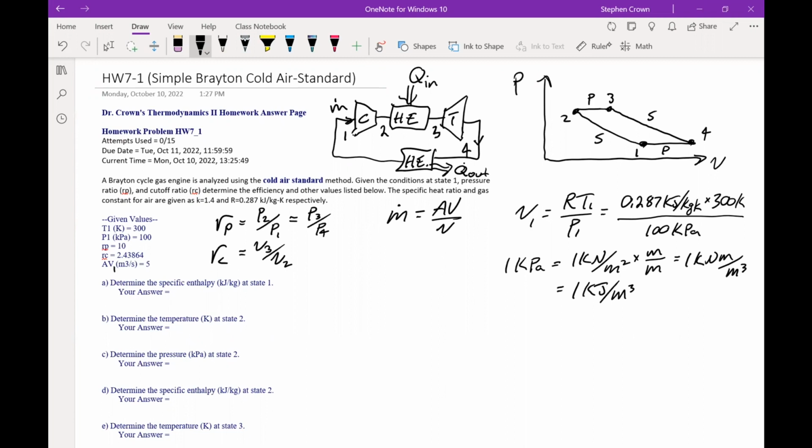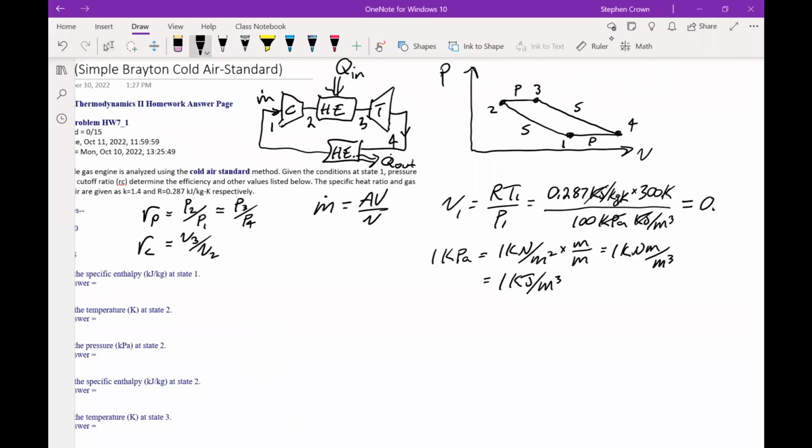When I do that replacement, the kilojoule cancels and my K cancels, and I end up with units of cubic meters per kilogram. And doing that calculation, I end up with 0.861.